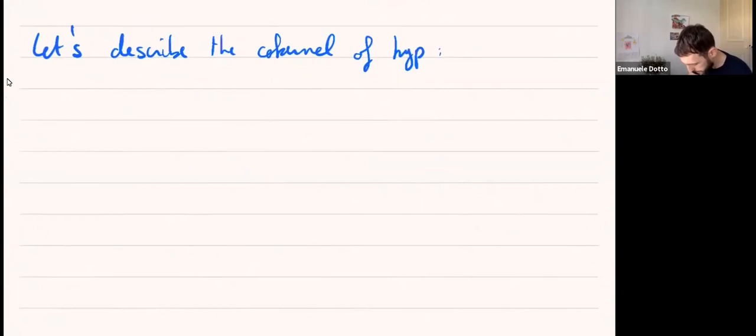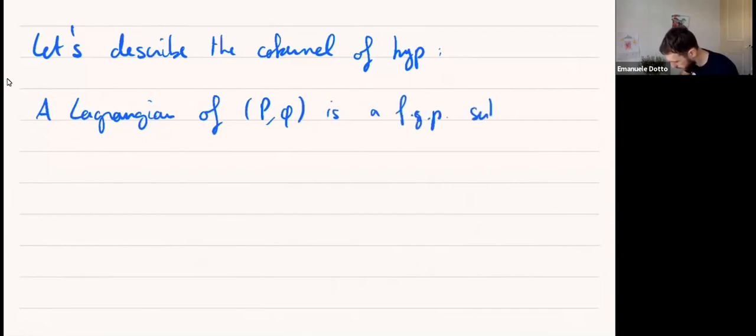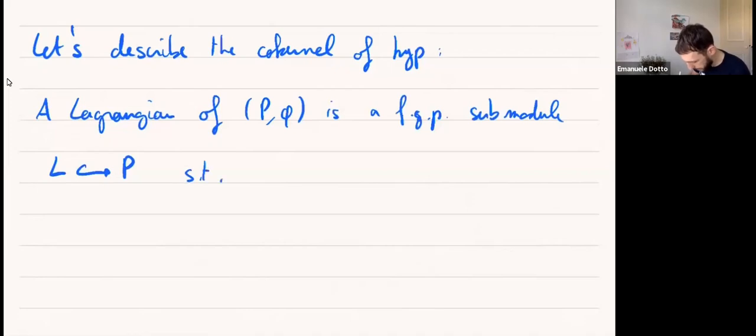It's going to be the following relation. A Lagrangian of a form (P, phi) is a finitely generated projective submodule L such that two things happen.